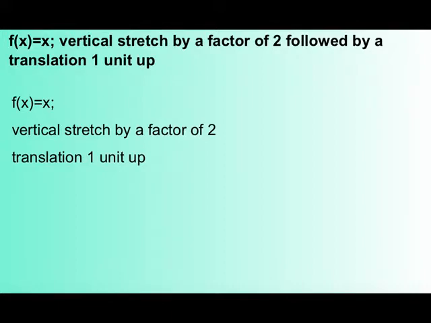So there is example 2 for you. Example 3, we're going to take our linear function x. We're going to vertically stretch by a factor of 2, followed by a translation of 1 unit up. So we break it down. First thing we're going to do is a vertical stretch of 2. Remember, that's 2 times our function. So we're going to take 2 times x, which is 2x.